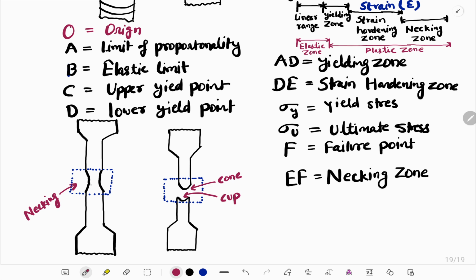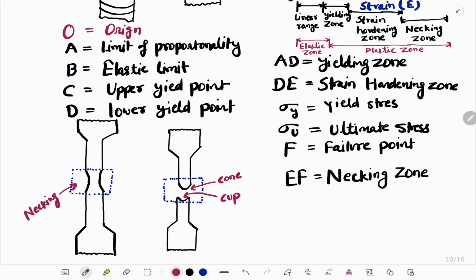The particles move and are dislocated from one place to another, and due to this shifting of material a neck zone forms. After the necking zone, the next stage is failure.